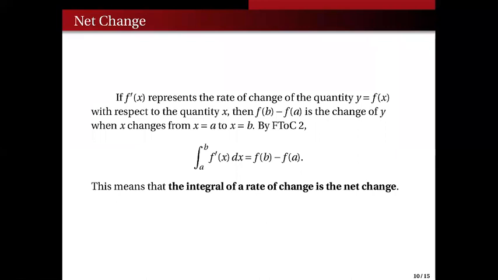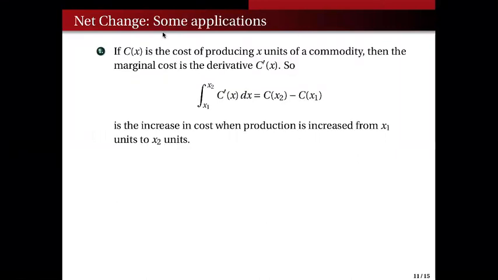Some net changes here. So for example, if capital C of x is the cost of producing x units of a commodity, then the marginal cost, it's the derivative. So in here later, when we say marginal, it only means the derivative. So the marginal cost is the derivative.